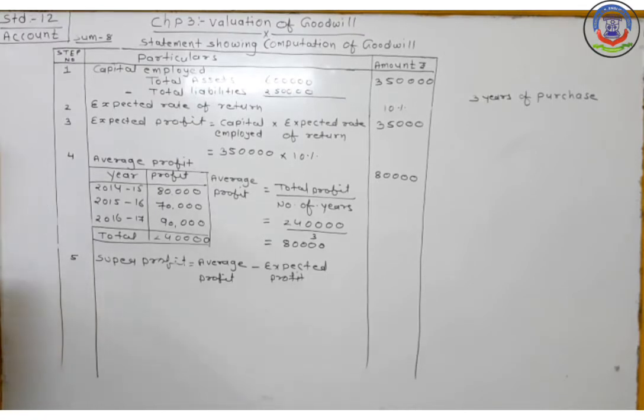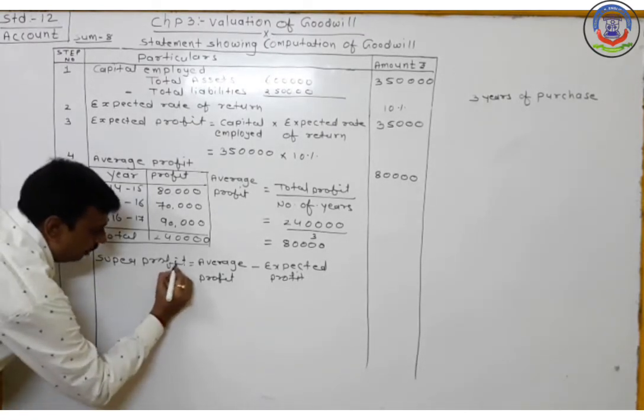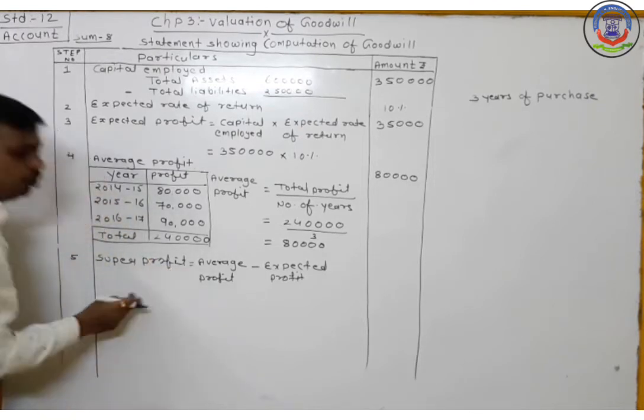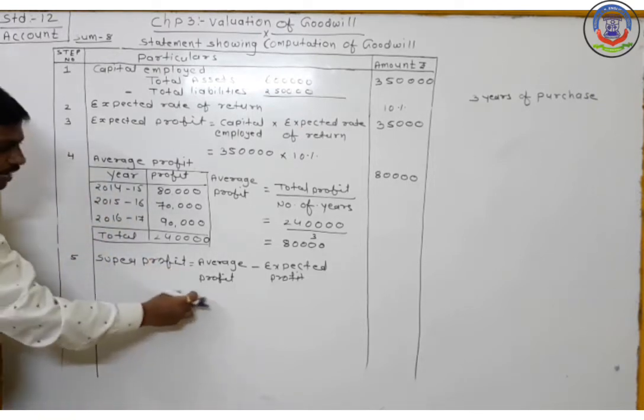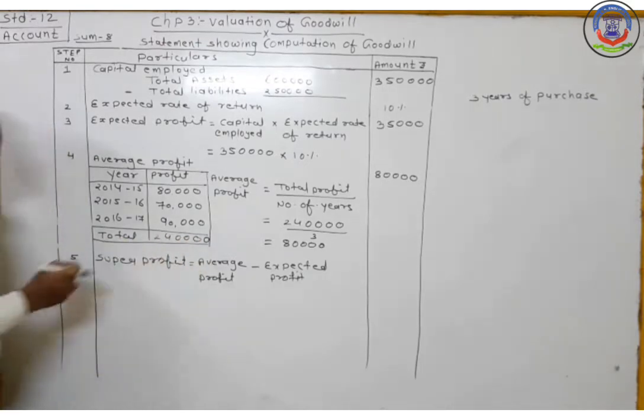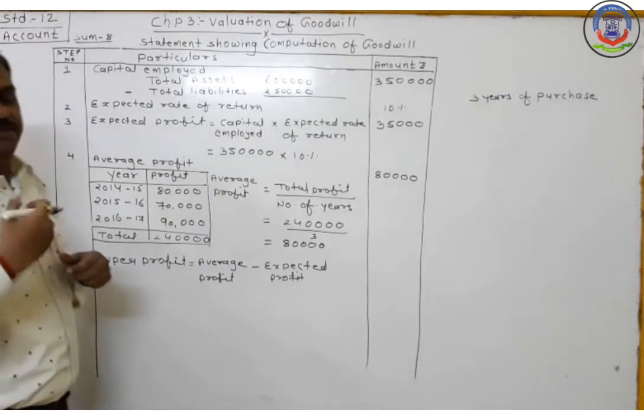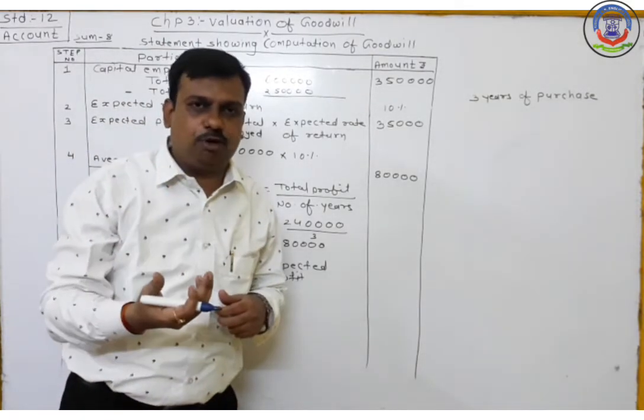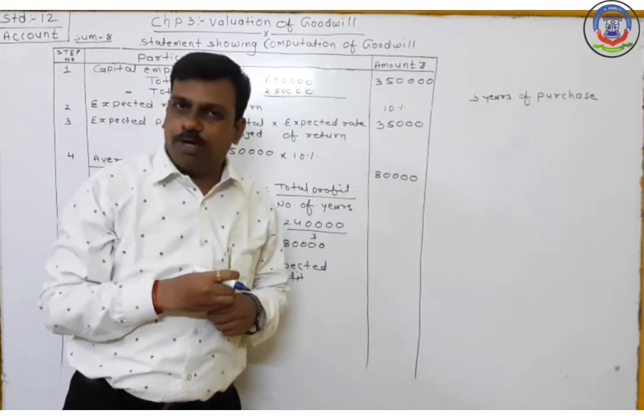Now, in the fifth step, you have to find out super profit. Super profit equals average profit minus expected profit. When average profit is more than the expected profit, that is known as super profit.